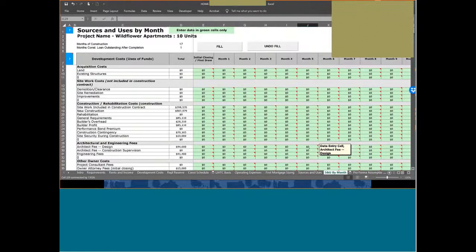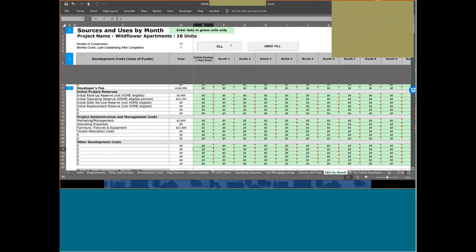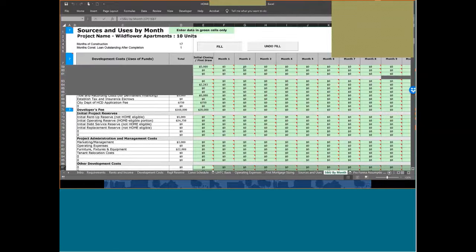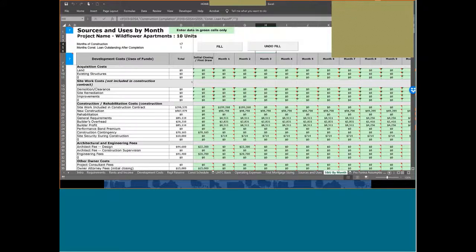So it looks a little bit scary. It has more input cells than anything else. You can ask the developers to fill this in, but basically all I have to do is hit my magic button. And what you can see is the timing of when various costs will be incurred.